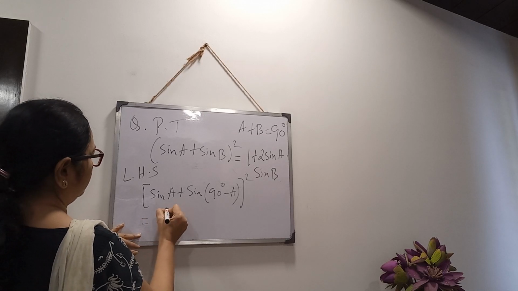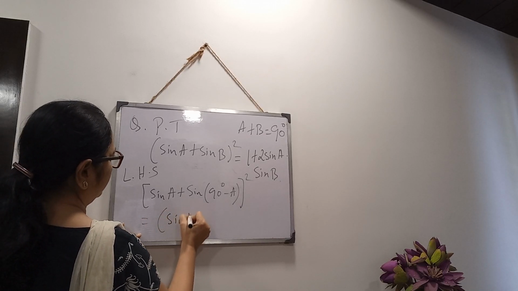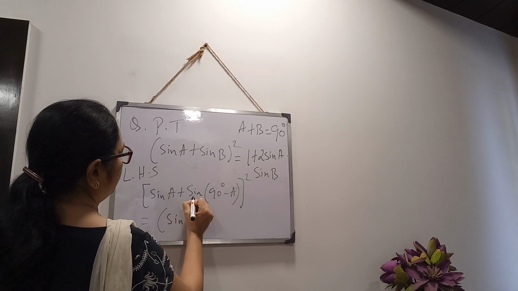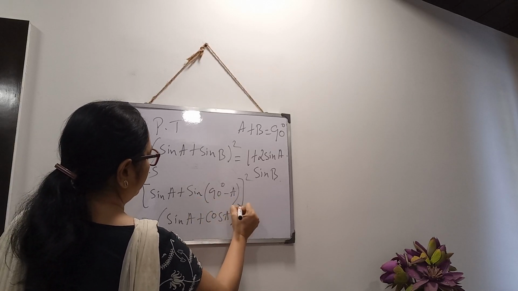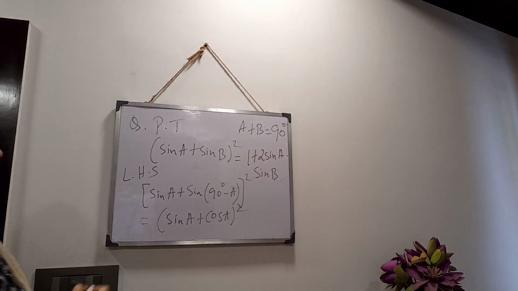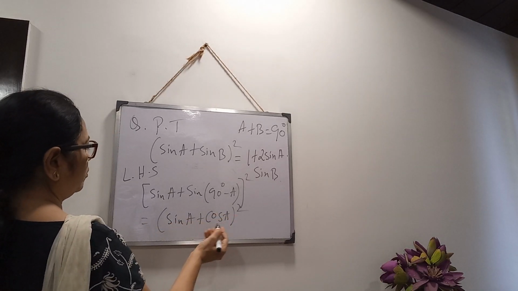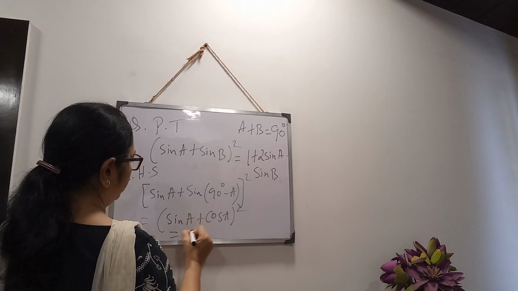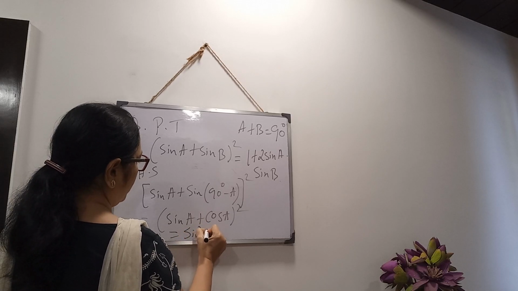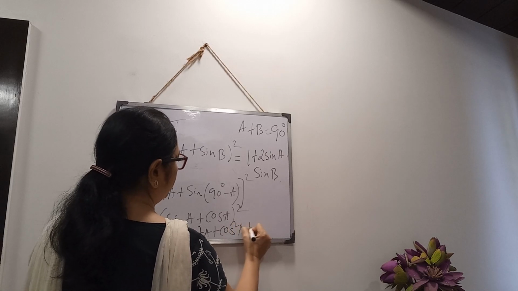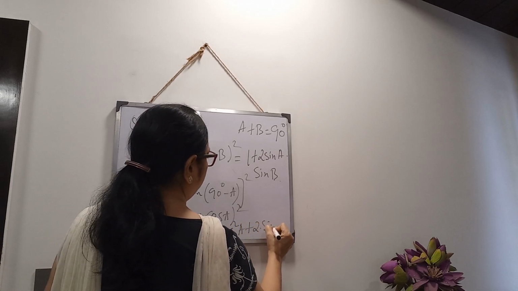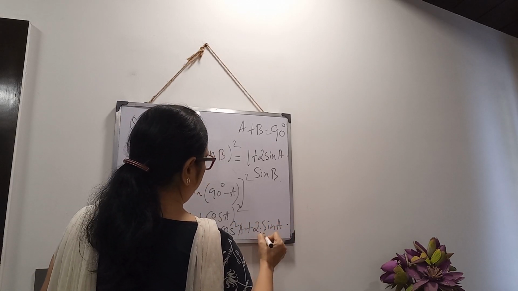Now it is coming sin A plus, again the formula, sin 90 minus A means cos A, whole square. This is the formula of A plus B whole square. Now we will apply the algebraic formula here: A square plus B square plus twice A into B.